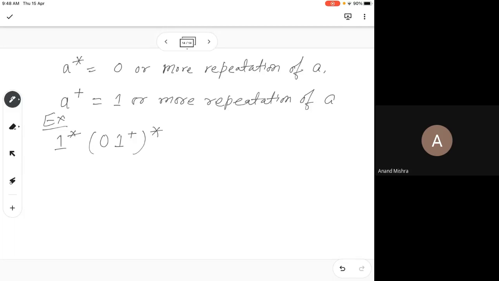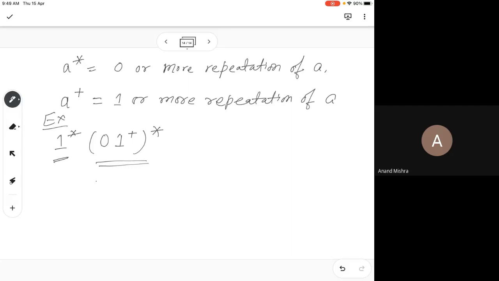First question is, can it contain empty? It can, right? Because 1 star means zero repetitions of 1, and this star means zero repetitions of this guy, (0, 1 plus). So you can have nothing at all, so it can be the empty string as well.